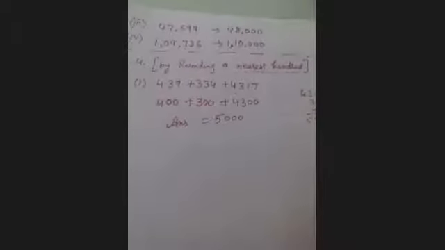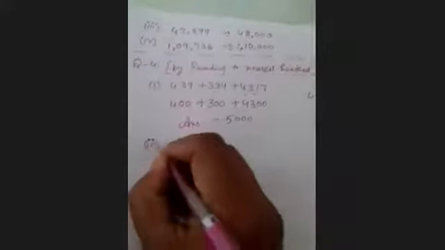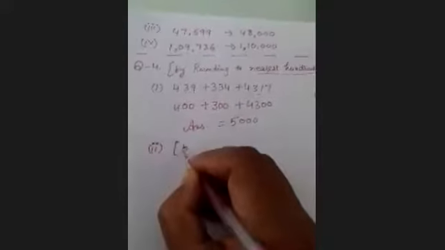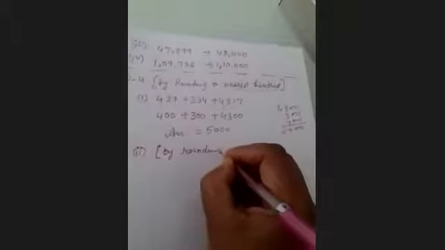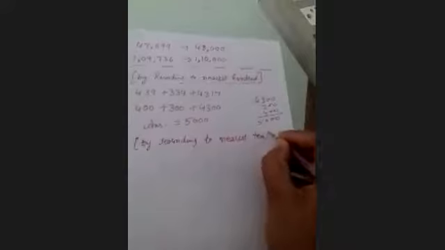Then the second part is to also find the closer estimate by rounding off to the nearest 10.